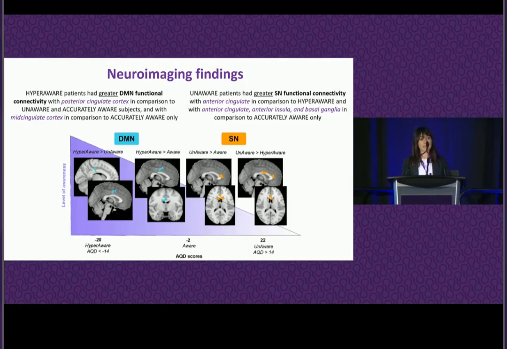On the opposite side, the unaware patients had greater salience functional connectivity within the anterior cingulate in comparison to hyper-aware, and within the anterior cingulate, anterior insula, and basal ganglia in comparison to accurately aware only. And here you can see the hyperactivation in the salience network depicted in orange.